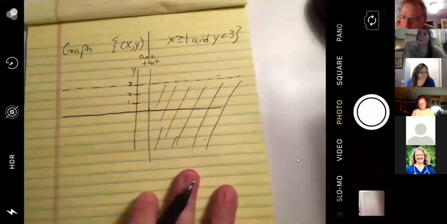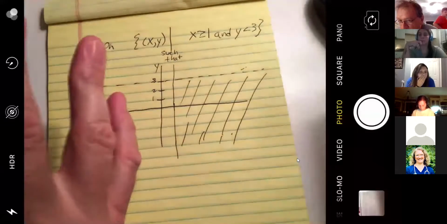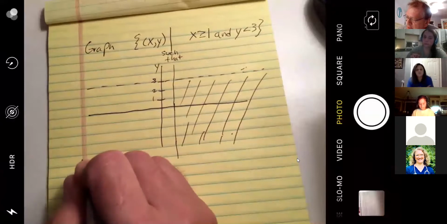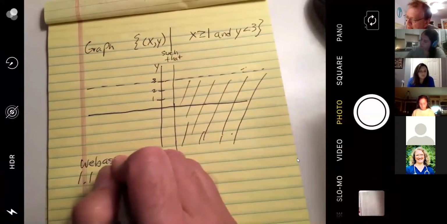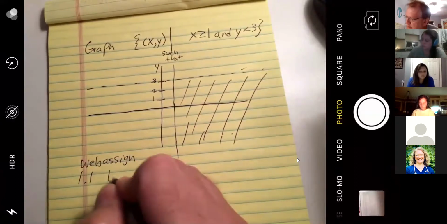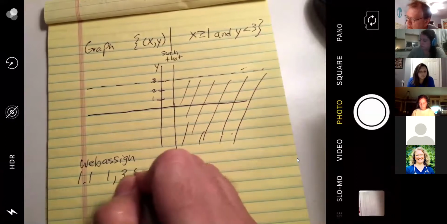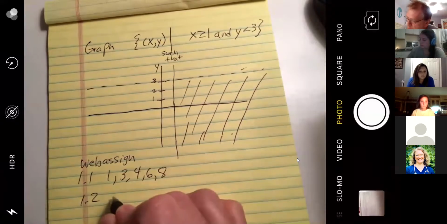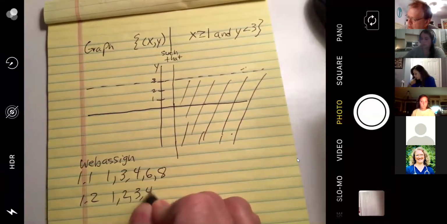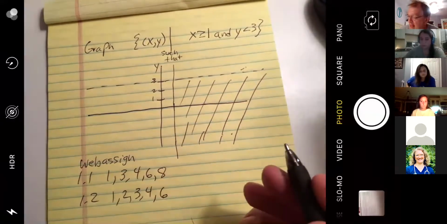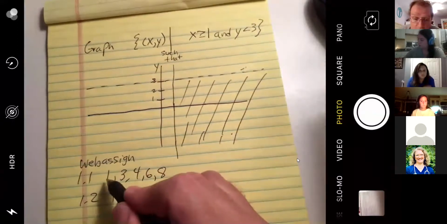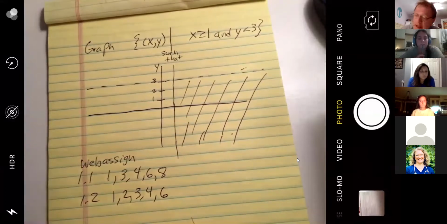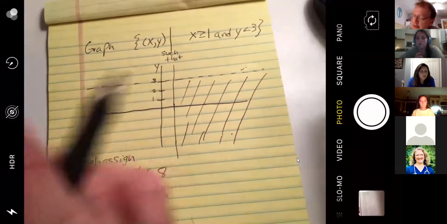I do not have the exact problem numbers in front of me, so I'm just going to make up a random example. Let's say in 1.1 of WebAssign, I had you do 1, 3, 4, 6, and 8. And in 1.2, I had you do 1, 2, 3, 4, and 6. Again, you do the individual problem, enter the answer. The submit button is at the bottom of the page, and it'll tell you whether that individual problem is right.